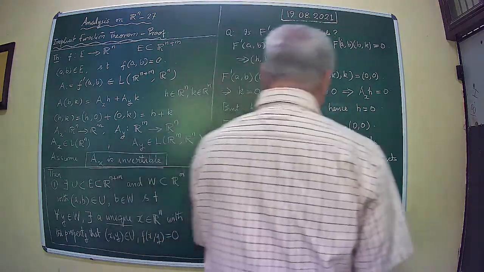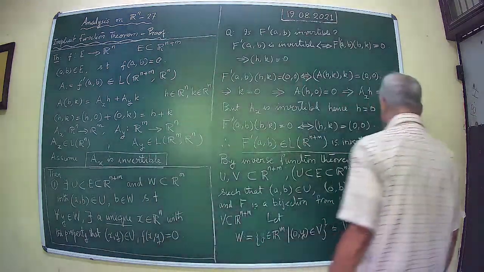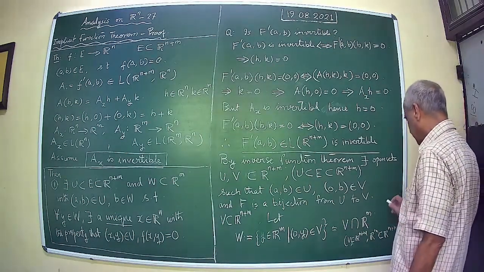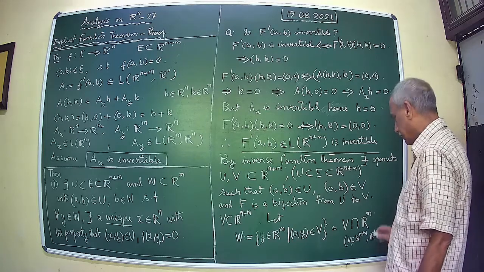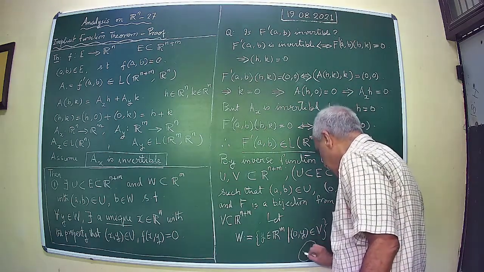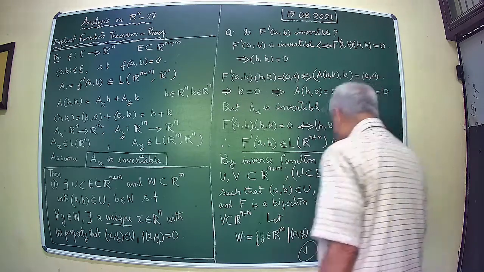So that is W. So it's something like this. You have got V here, and Rm is here.